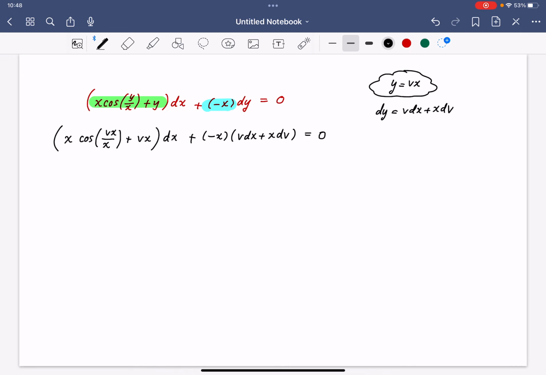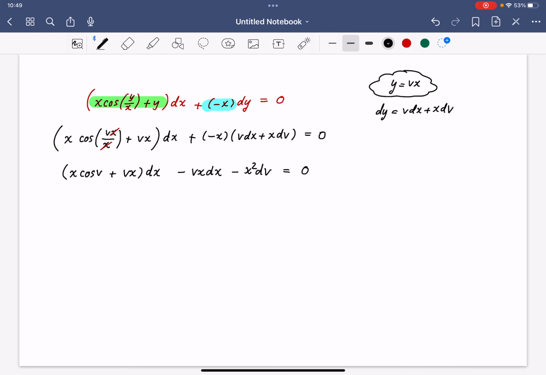This is claimed to be a separable equation already, so you just need to solve it. But let's see if you can cancel something. You can cancel this and this for sure. So it's going to be x cosine v plus vx dx minus vx dv, and then minus x squared dv equal to 0.